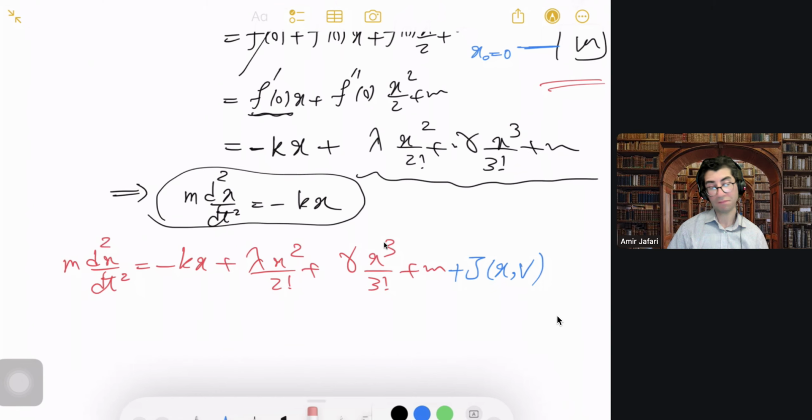But in general, it might depend on x, the position of your mass as well. So what we call this is a source.